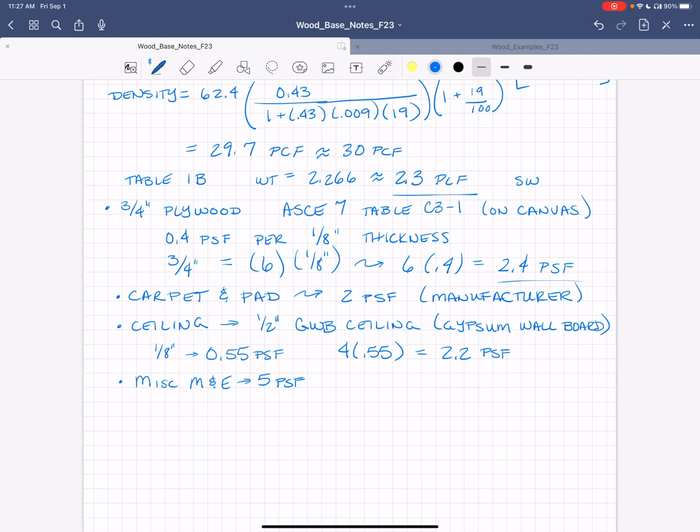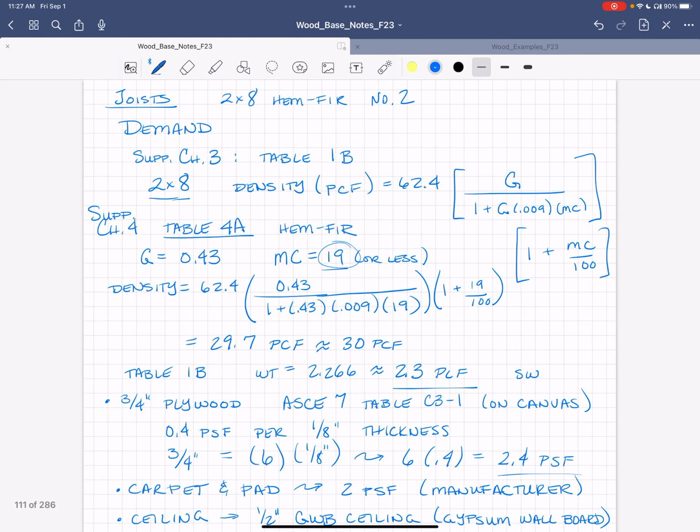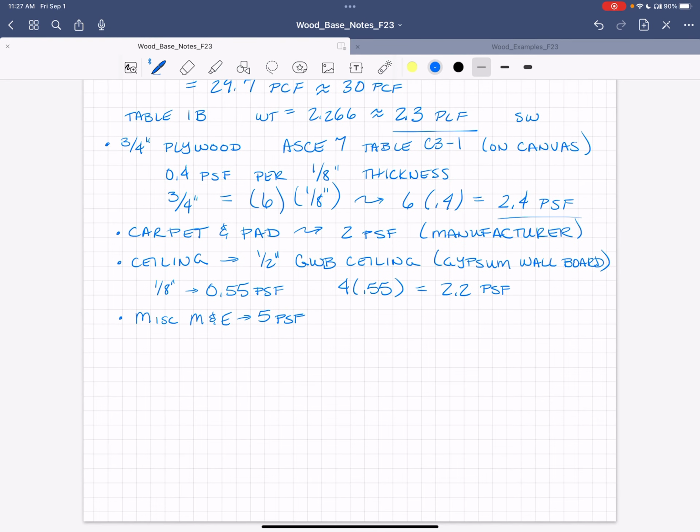And then we're ready to add up our weight. We know our live load was for an apartment building.